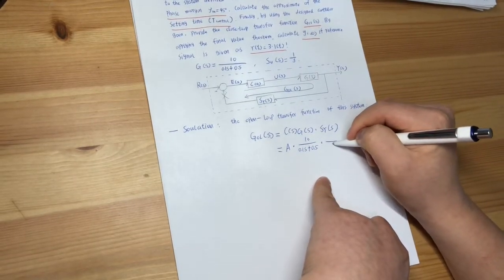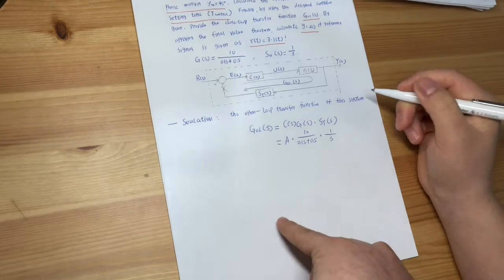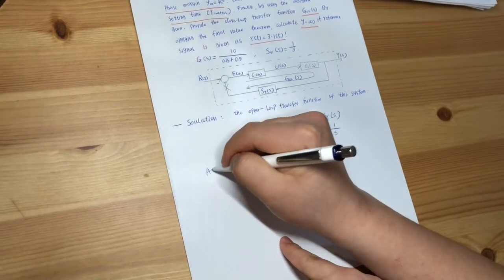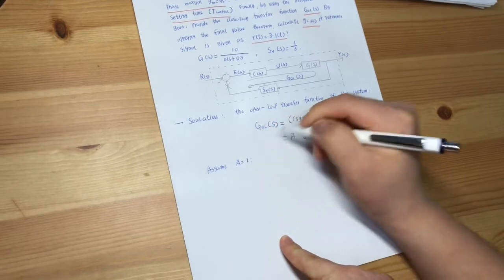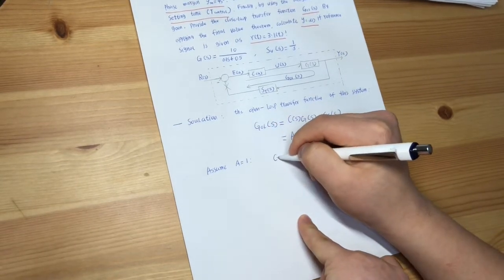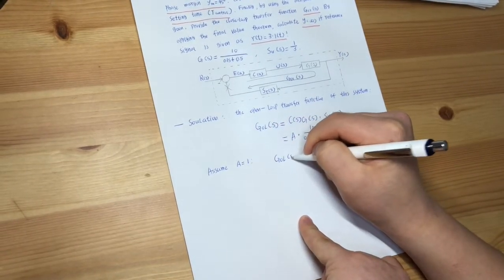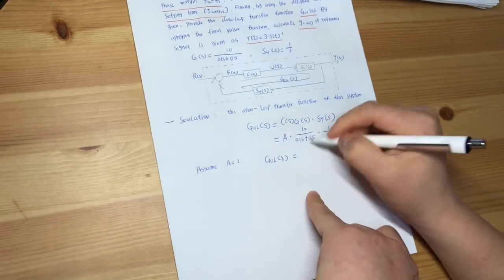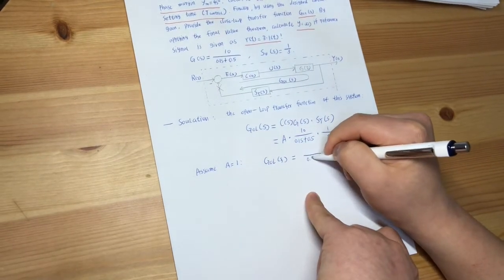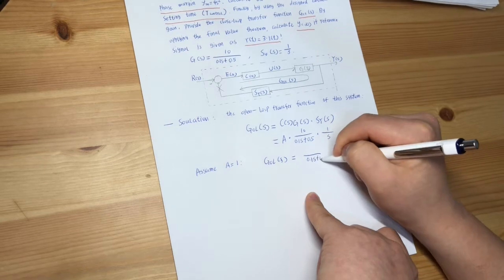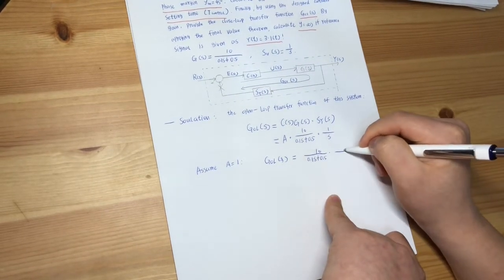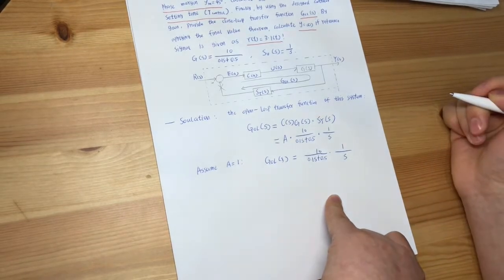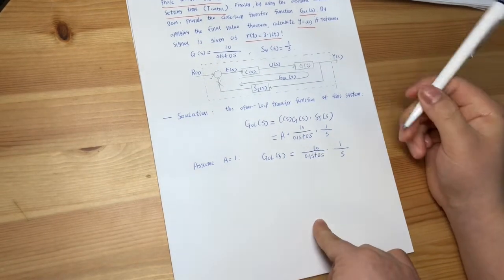multiply 1 over s. So let's assume A equal to 1. That is G open loop equal to 10 over 0.1s plus 0.5, multiply 1 over s.